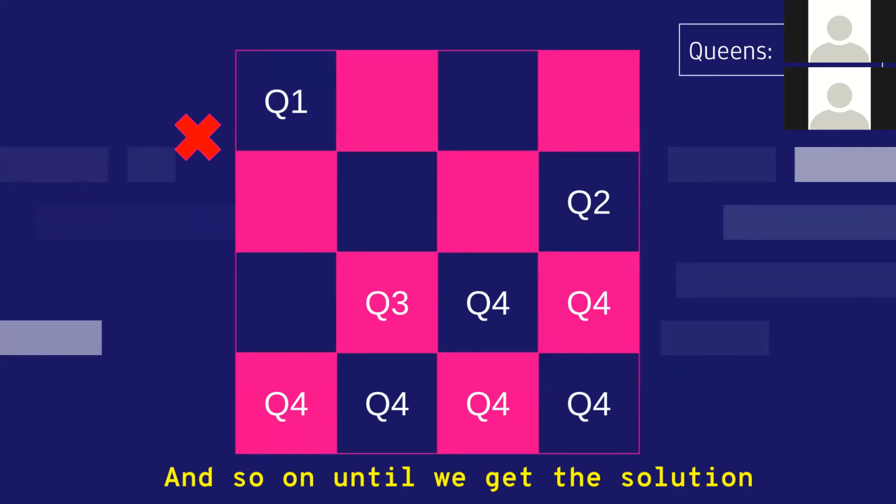And then whatever remaining places are left, Q3 will try to fit inside. And if Q3 cannot find any place, that means that Q2 is in the wrong place. So Q2 will shift one position forward. And then Q3 will try again. So it is like this.